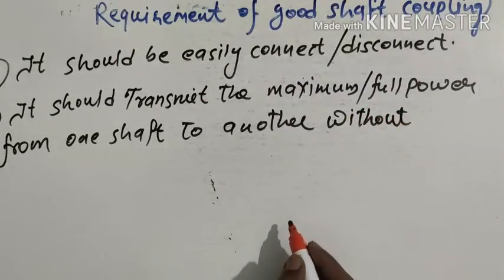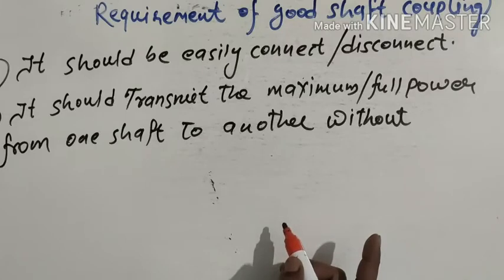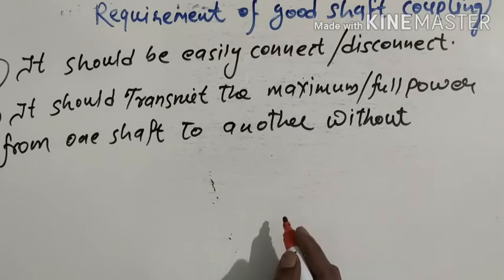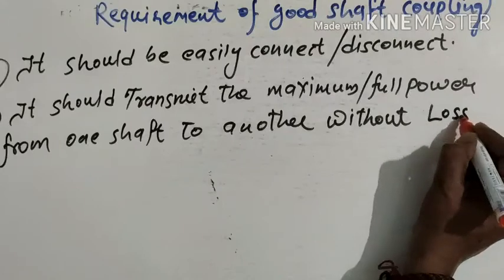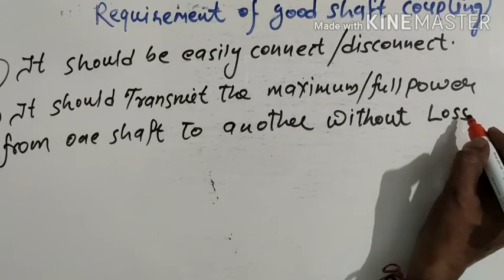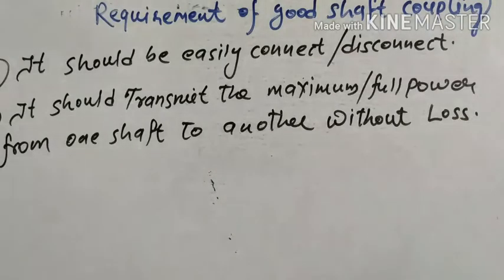There is no loss occurring in the power transmission because of the coupling. So it should transmit the maximum or full power to the other shaft without losing any power.